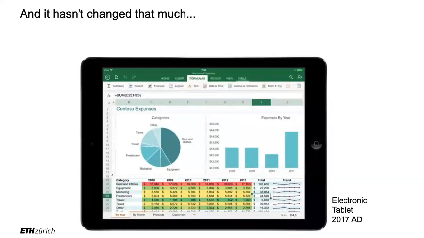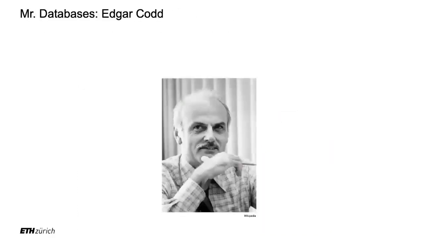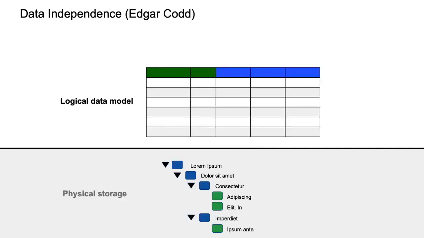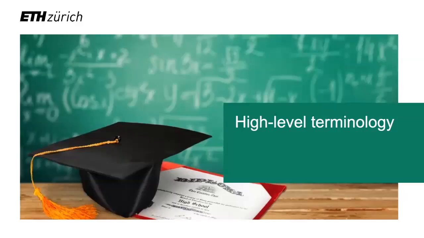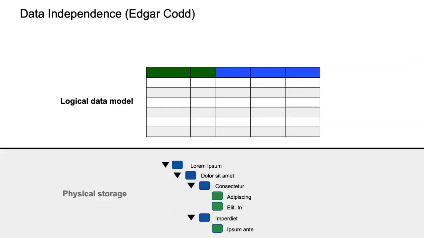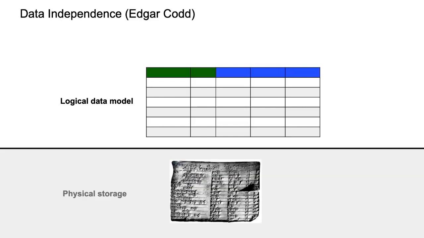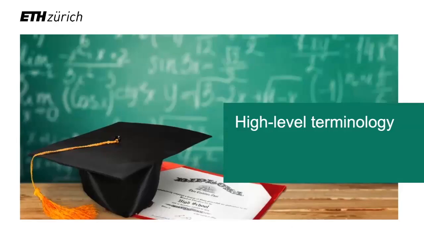Maybe now you can swipe. You couldn't swipe, obviously, on a clay tablet. Now you can, but the way it looks is the same. So Edgar Codd had the wonderful idea of saying that now users should see tables and they should be shielded from the actual physical storage, which could be a clay tablet as much as files and directories. And that's called data independence.